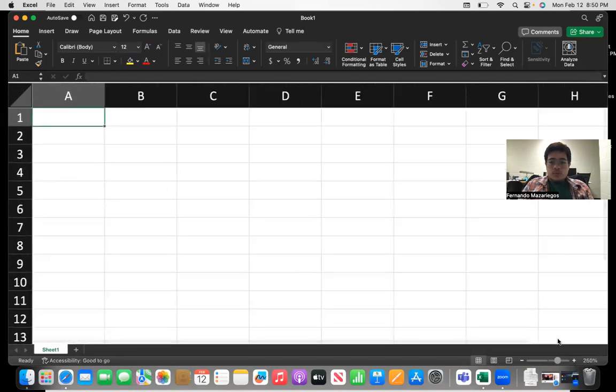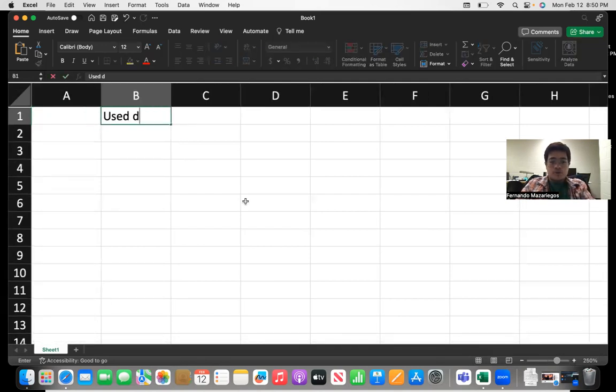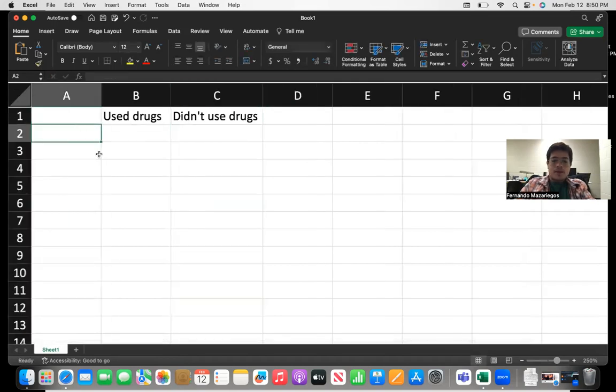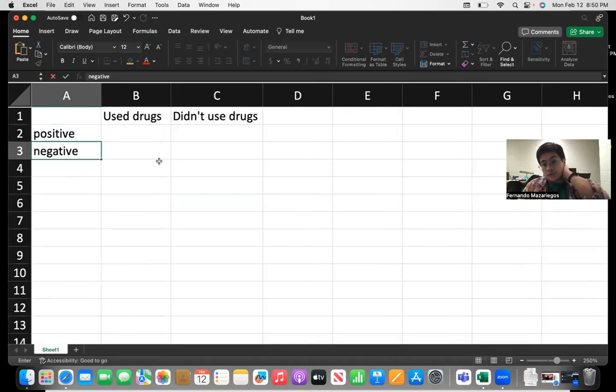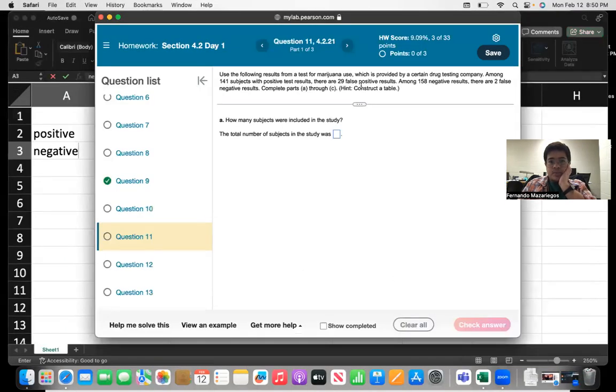So we have 2 possible categories: used drugs or did not use drugs. And we have positive test result or negative test result. So we are told that we have 141 subjects that have a positive test result.